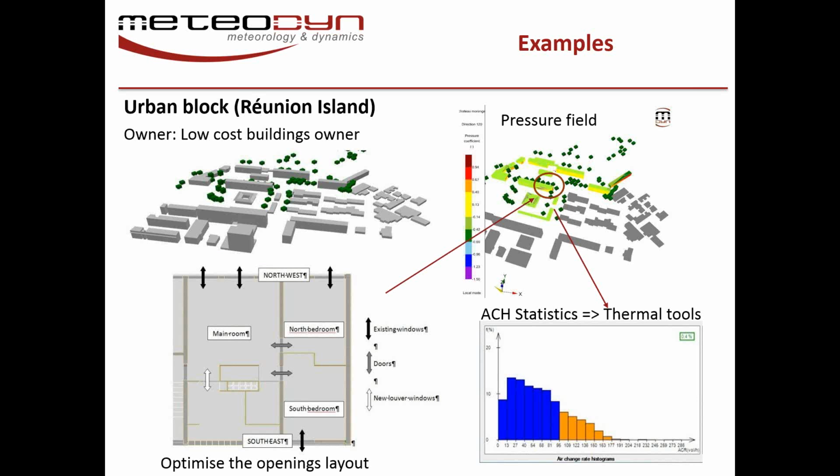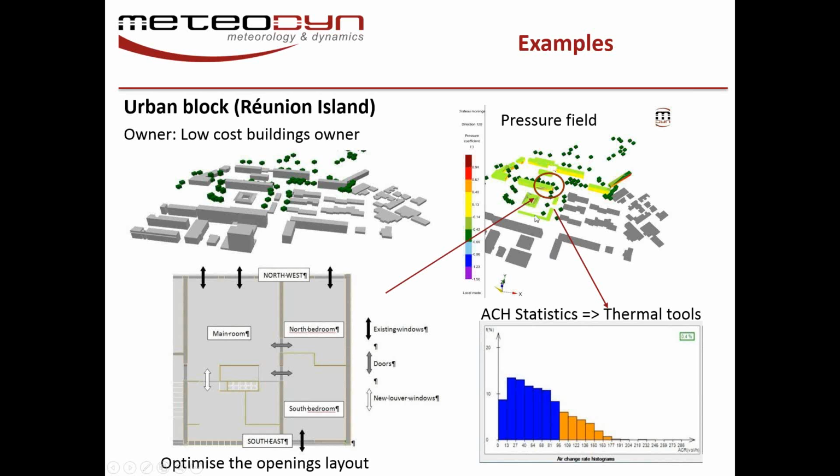I would like to give you 3 examples we have made. One is from Réunion, a French island. It was an existing building, and the owner would like to optimize the natural potential. So you want to open new windows like here, or maybe optimize the characteristics of the former ones.